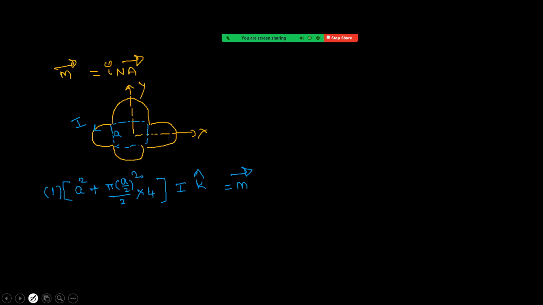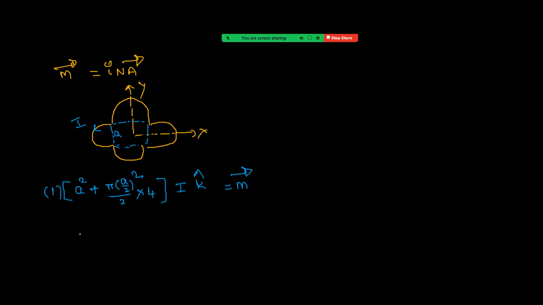Now see which options are correct. First I'm cross checking the direction part. Except C, remaining all given k cap. Next focus here on area, how much. So definitely A is not correct. So we have to focus now on B and D. See here what we get. A by 2 whole square. Here 4 is there, that gets cancelled.